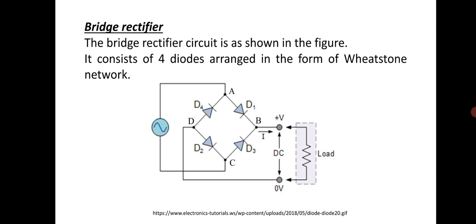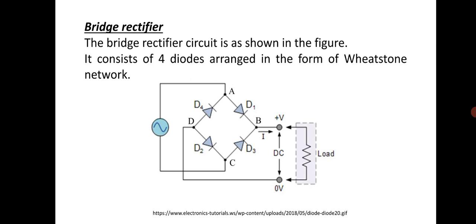Because C is positive now, the current comes to the point C, and from point C, current flows through D3 because D3 is forward biased, but at the same time D2 is reverse biased. So the current flows through D3, then it comes to point B, and again here there are 2 paths for the current.